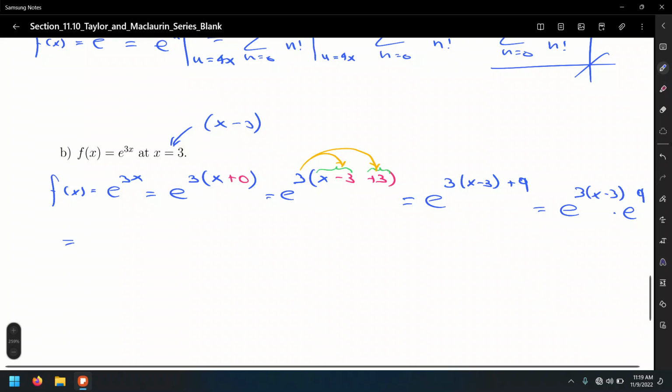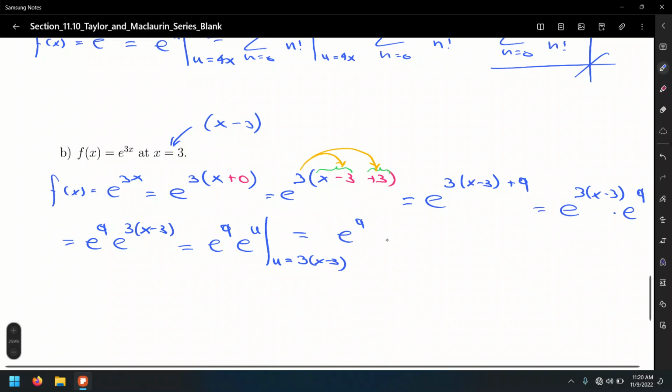So in this case, e to the 9th, e to the 3 times (x minus 3). And well, we have some e to the u where, well, just ignore this e to the 9, that's only a number. This is e to the u, where u equals 3 times (x minus 3).